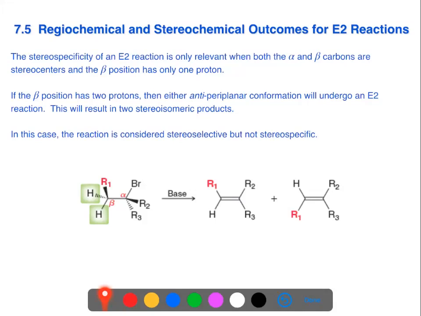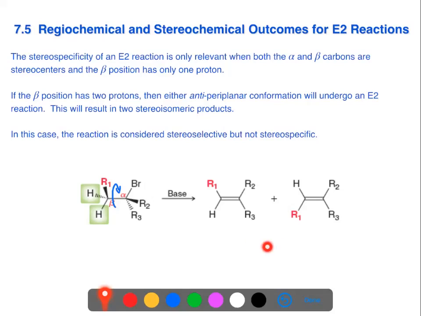But you can see in the example here, starting from this particular anti-periplanar arrangement, that we would generate this particular stereoisomer. But if we were to rotate around this alpha beta carbon-carbon bond, if we were to rotate this hydrogen into the plane associated with this carbon-carbon bromine plane, that would then generate this particular stereoisomer.